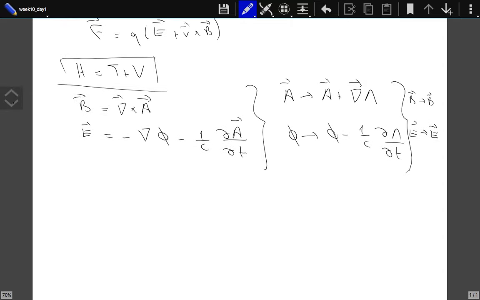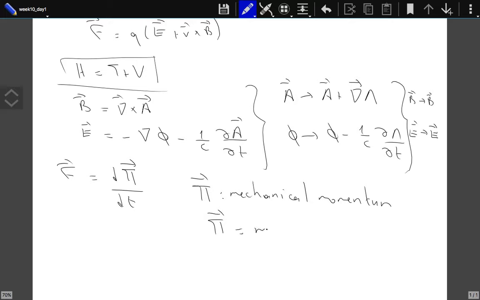Now, let's try to express the force in terms of these potentials. Newton's second law also tells me that the force is just dp by dt. I will use a slightly different notation: p is called the mechanical momentum, which for a point particle is just m times v in classical physics.